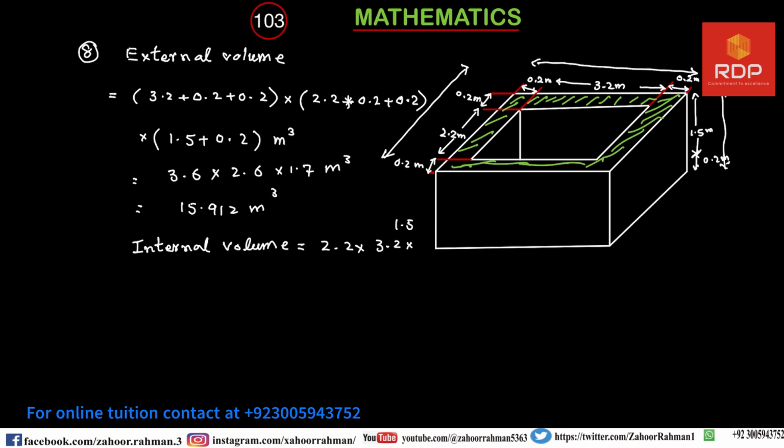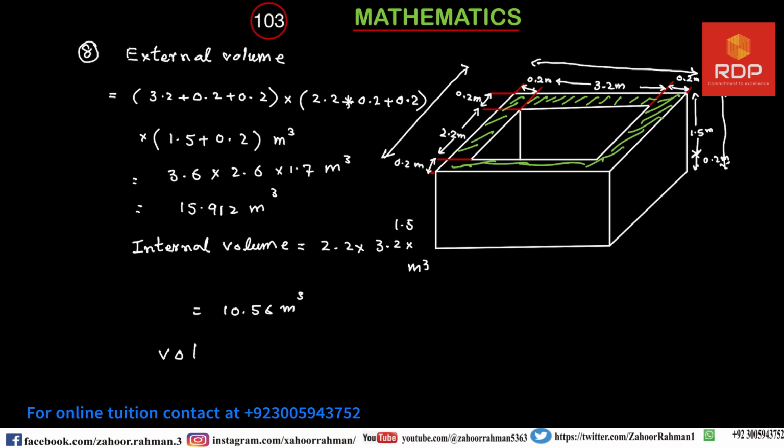These are the internal dimensions, and that will also be meter cube. So when we multiply it, we will get 10.56 meter cube. Now we are in a position to find the volume of wood used.